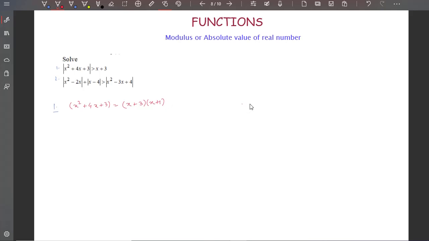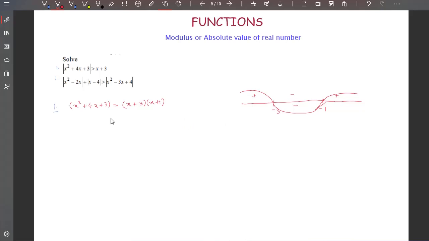Now quickly drawing the number line. This is your minus 3 and this is your minus 1. Here it will be positive, here it is negative, here it is positive. So it is positive, it is positive, and in this portion this is negative.